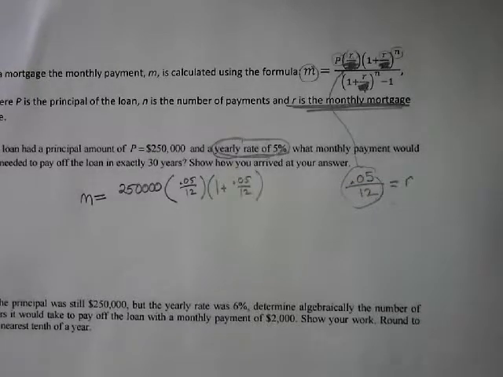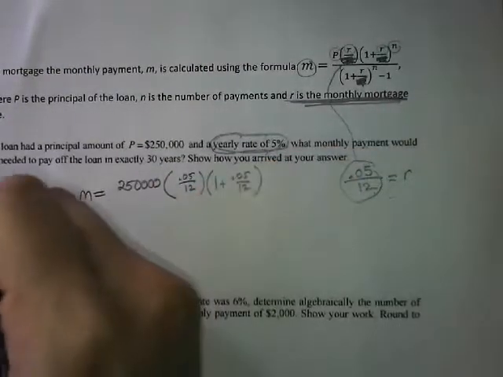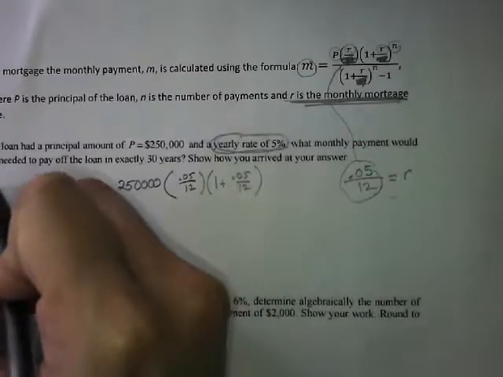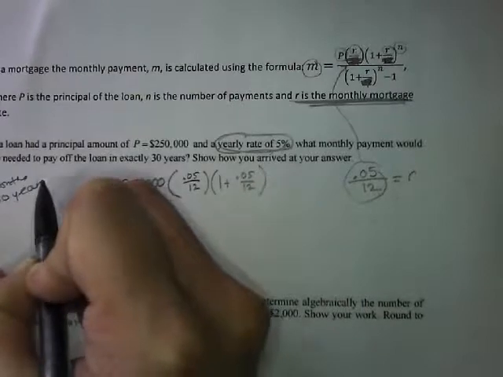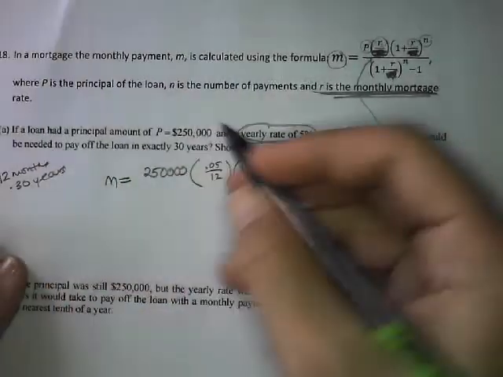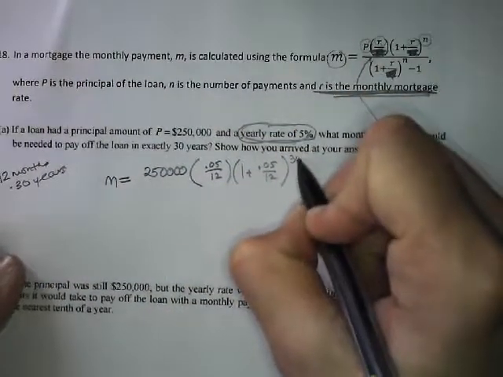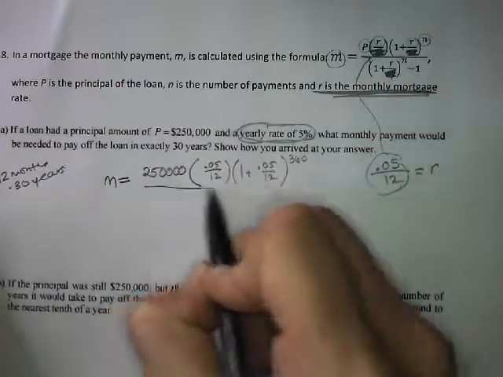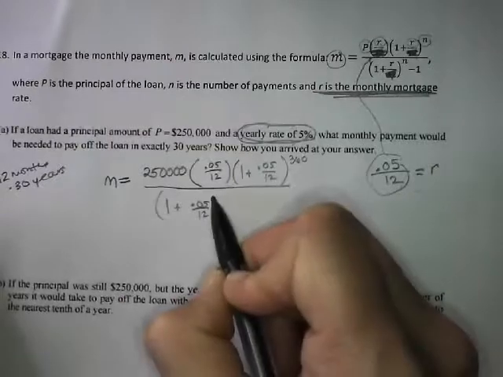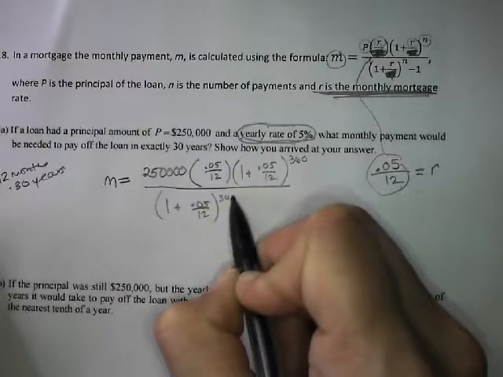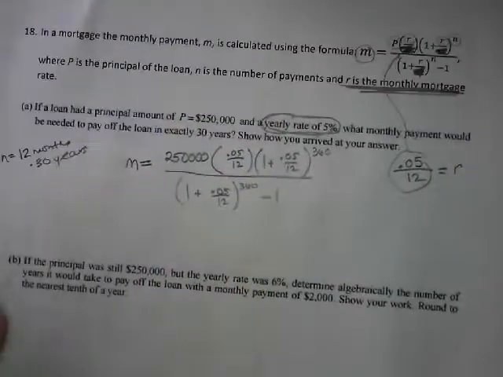So 12 times 30, that's 12 months, times 30 years, gave her the 360. So that's to the 360th power, divided by 1 plus .05 over 12, to the 360th power, minus 1. Good?